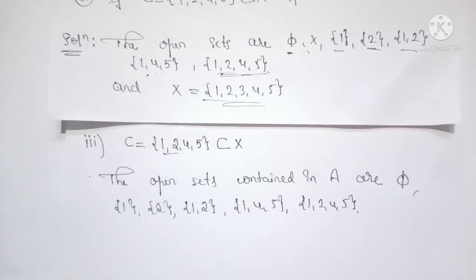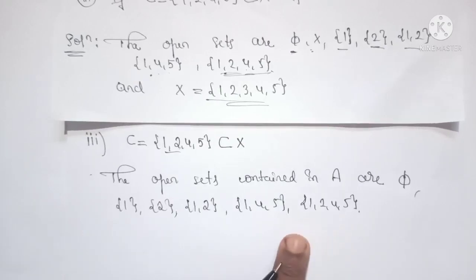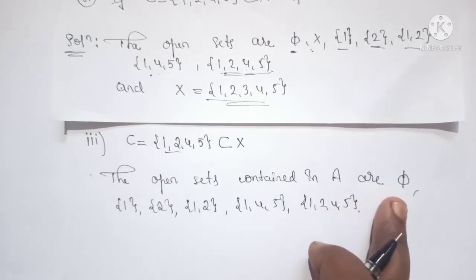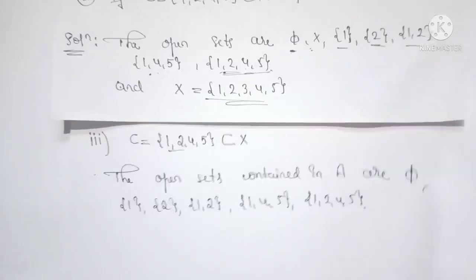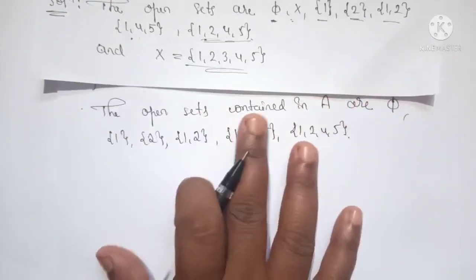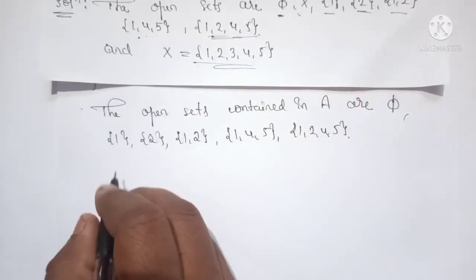So here we get almost all the open sets except X. Now we take the union of all these open sets which are subsets of C.